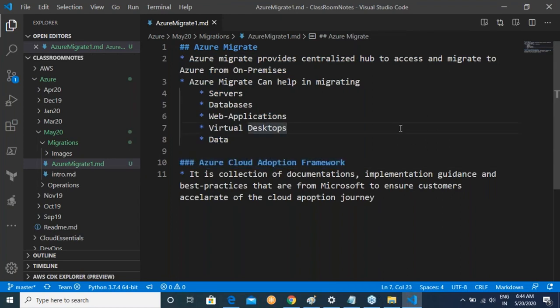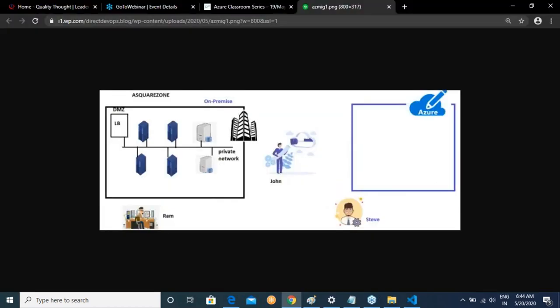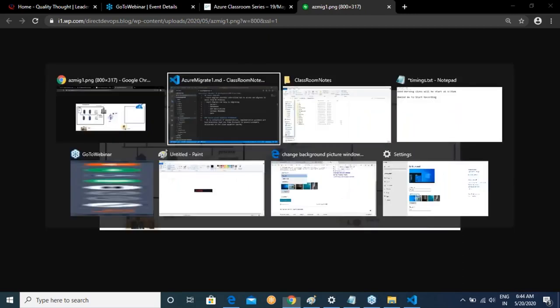Throughout these few days, I'll be picking up some important activities related to migration and the cloud adoption framework, and let us also learn John's journey into this migration. How can John help different organizations migrate their stuff into Azure? For that, he needs to be good at the cloud adoption framework.